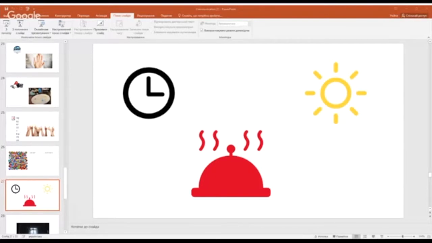And there is the sun that helps you understand that it is 12:15 in the morning. Then this picture is saying that you have lunch at 12:15 in the morning.